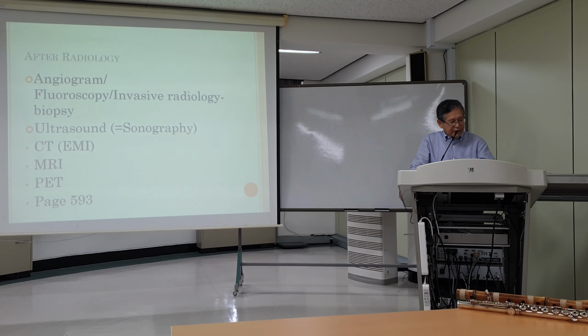So after radiology, people tried to inject radio-opaque material into the blood vessel, and as that radio-opaque material passed through the blood vessel, you take a picture. We call it an angiogram.